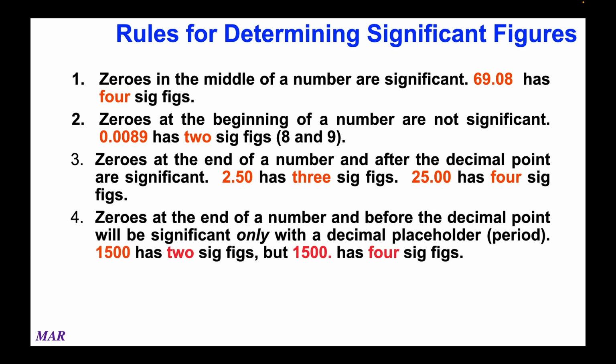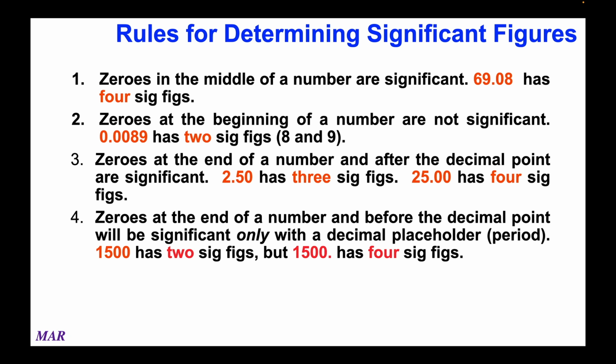Before the decimal, though, zeros may or may not be helpful. For example, 1500, if you wrote it in scientific notation, would be 1.5 times 10 to the third. So those zeros don't count. But what if you had a number, for example 1500, where you had plus or minus 1, like it would be 1499 to 1501?